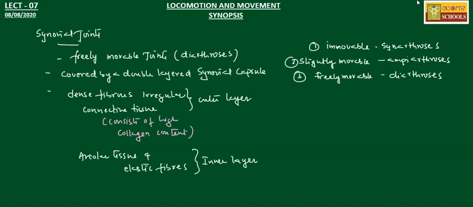So this synovial capsule has two parts. One is the dense fibrous irregular connective tissue, and another is the areolar tissue and elastic fibers that constitute its inner layer. This areolar tissue secretes a viscous fluid.